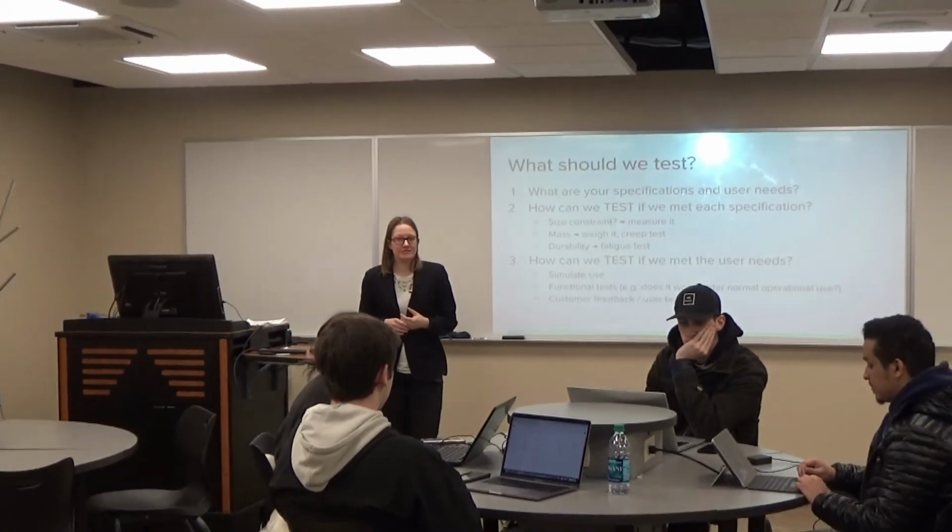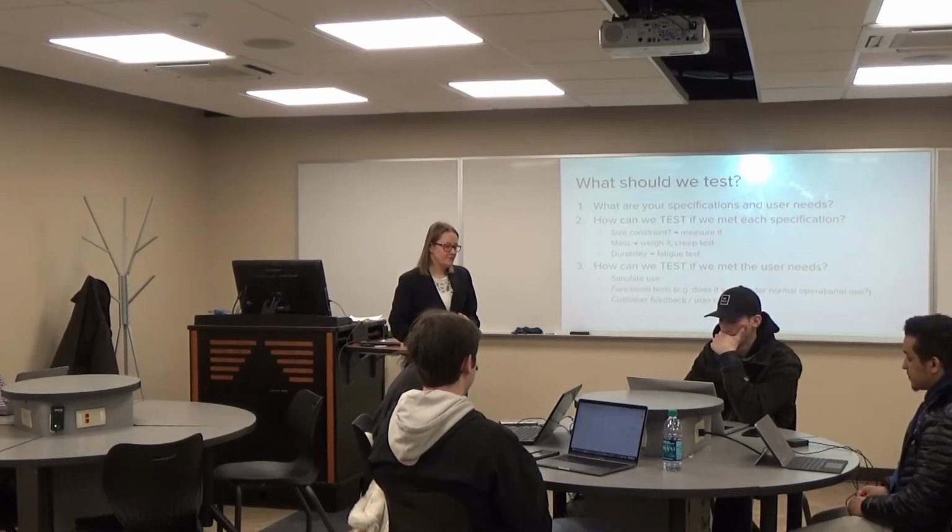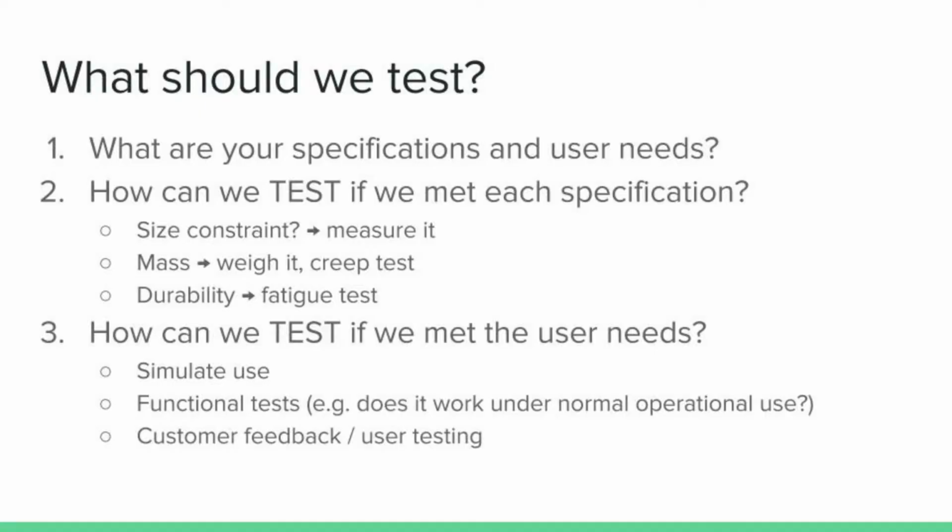I broke it down into sort of asking questions. First of all, what are your specifications and your user needs? If you don't have those well defined, you can't test. So that is such a crucial part of our design process. You need to make sure those are detailed out and ready to go. And then you can start asking, how do we test if we meet each specification? Maybe your specification is a size constraint.